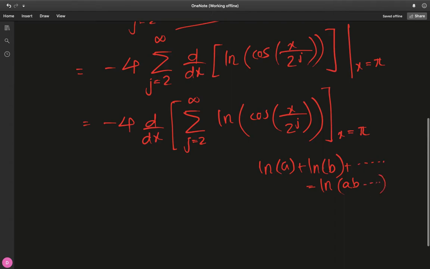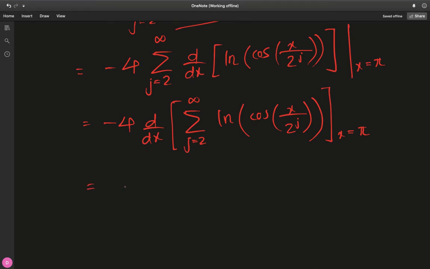So we can convert this sum into a product. Basically, if we have a sum of logs, we can write this as log of a product. That's why logs behave really well, because then you can express the sum of logs as log of a product of arguments, and that's going to be really helpful for us. You're going to see in a bit.